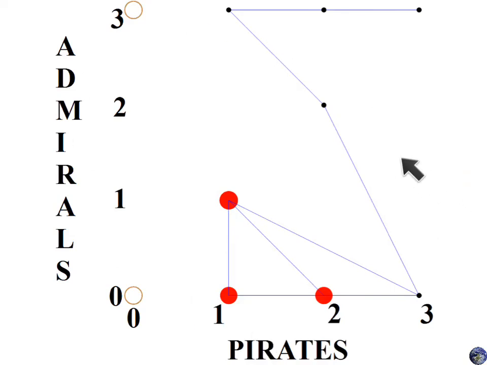And one thing I like about this solution is it completely generalizes. So not only is it kind of nice that you can see the entire problem in one picture, but now we don't have to restrict it to just 3 admirals and 3 pirates. We could have any number of admirals and any number of pirates. And the boat could hold a different number. We'd have to have more slopes if we did that, but you could even put a restriction and say, oh, it doesn't have to be that the pirates outnumber the admirals by any amount.